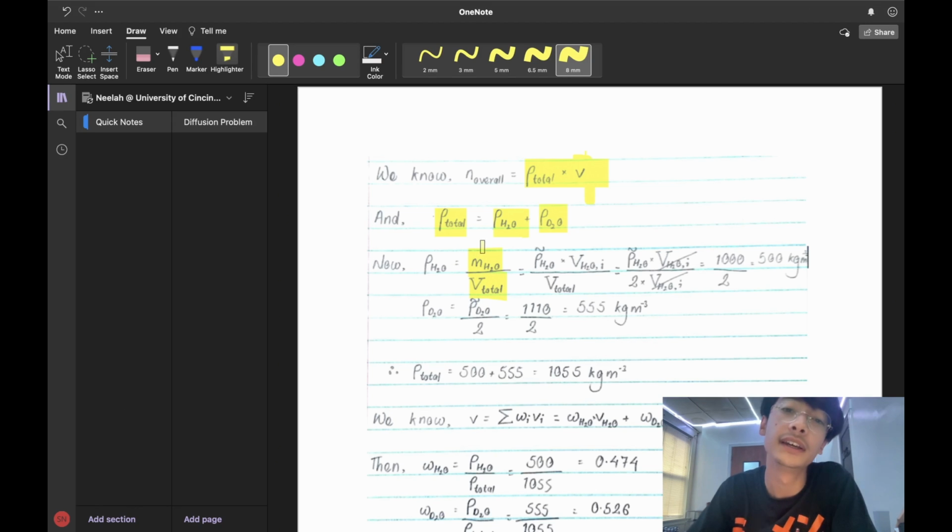Now we notice that we don't have either of these values. So what we can do is write down the mass of water as the product of its density. I'm representing density by this rho with a tilde. The mass of water is the product of its density times the volume that it's occupying in isolation.